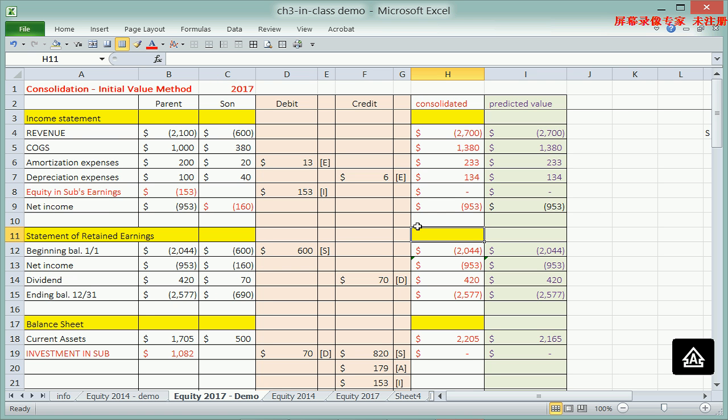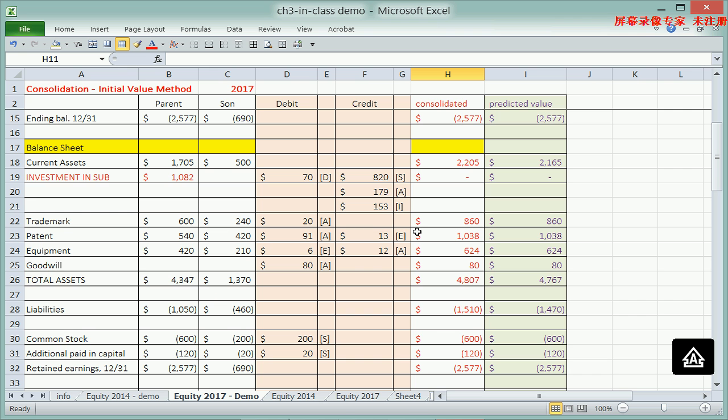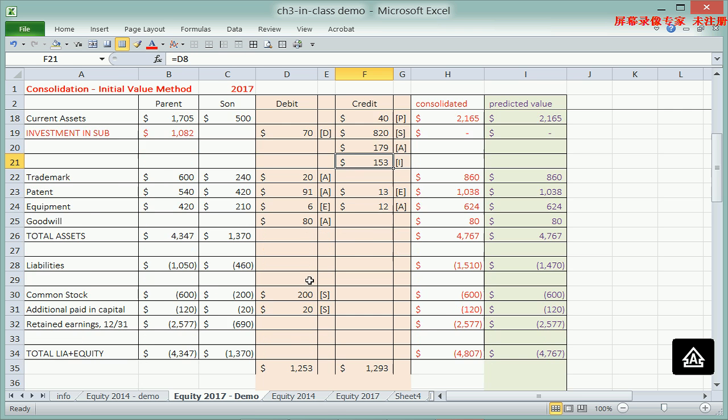Now I still need one more entry, just to eliminate the intra-entity loans. So I eliminate the accounts receivable by crediting the 70. This is called the P, and the 40 here is the P on the liability.